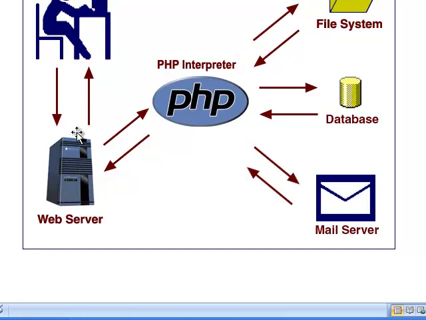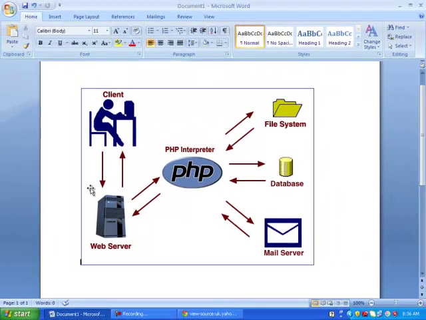The web server sends the request to the PHP interpreter. If the web server finds a .php extension, it will transfer that page to the PHP interpreter. If your code includes a database, it will go to the database. If your code includes file systems, it will go to the file systems.